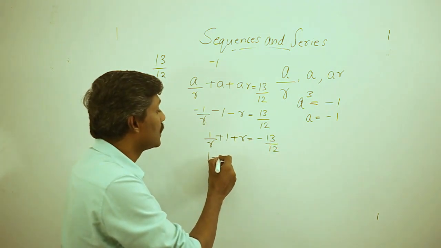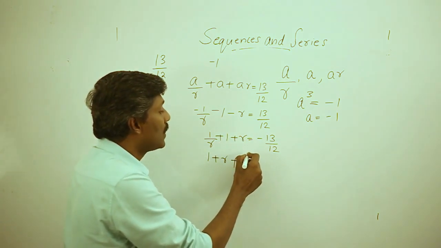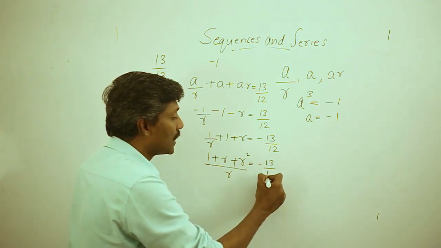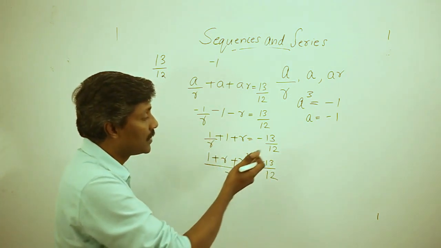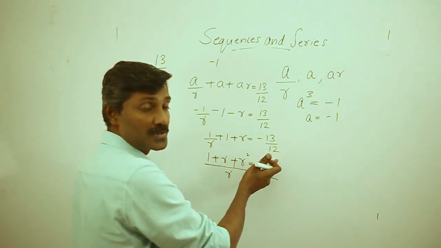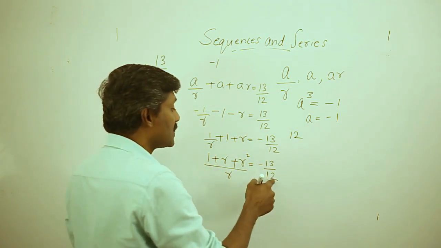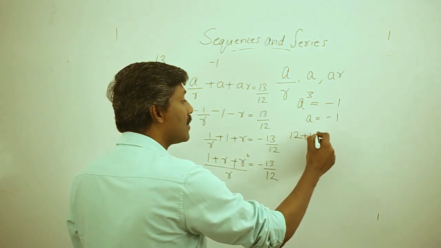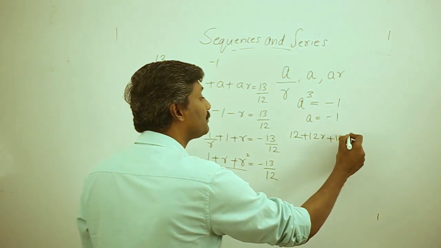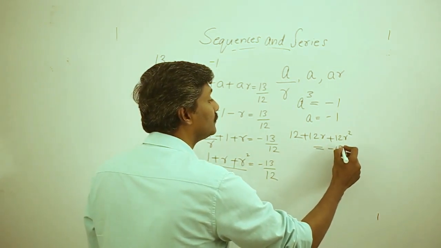So we can write 1 plus r plus r square, the whole by r, is equal to minus 13 by 12, right? Now we can cross multiply: 12 comes here and r goes here. So 12 into 1 is 12, plus 12r, plus 12r square, equal to minus 13r.